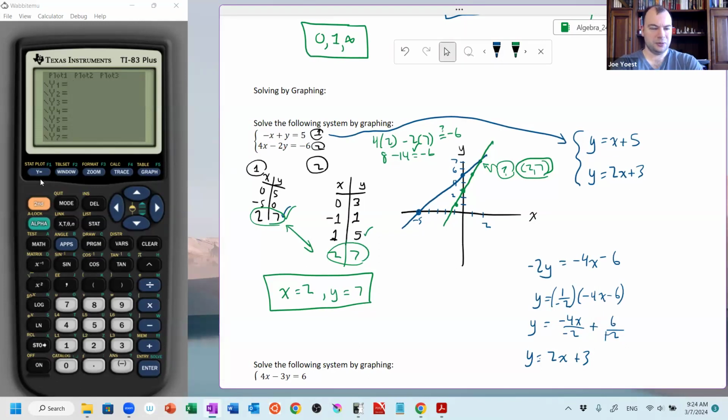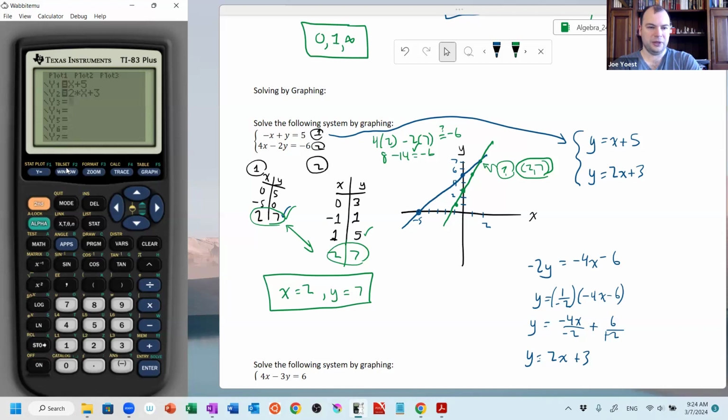And it doesn't matter which one I put into y1 or y2, or if I put one in y3 and one in y6. So it's not a big deal what order you have them written in or anything like that. But I'll put x plus 5 into y1 and 2x plus 3 into y2.